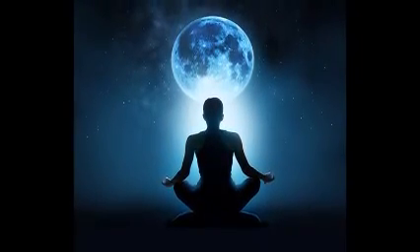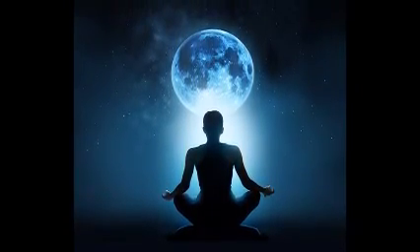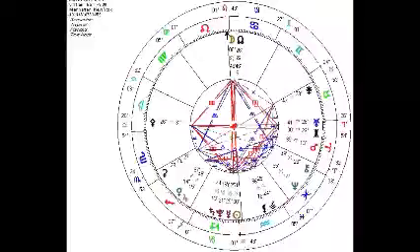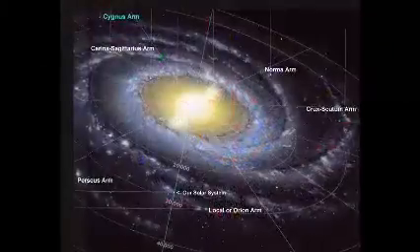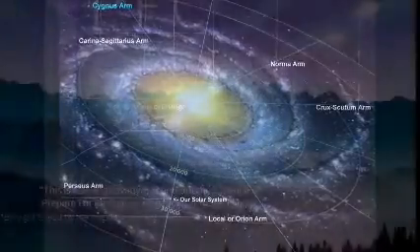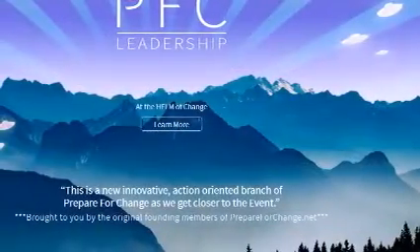But the thing is to understand what the energy is like here. When you have a grand square in a person's chart, it's like coming to an intersection in which there's a four-way stop.